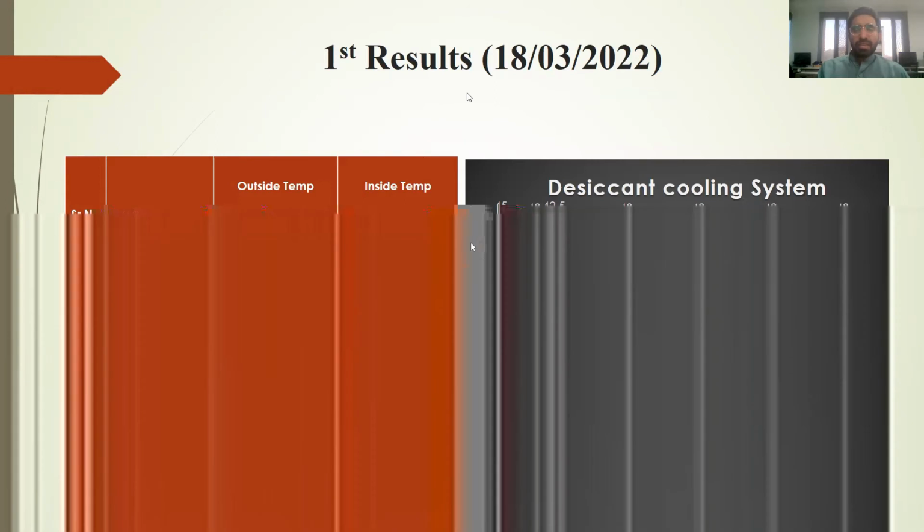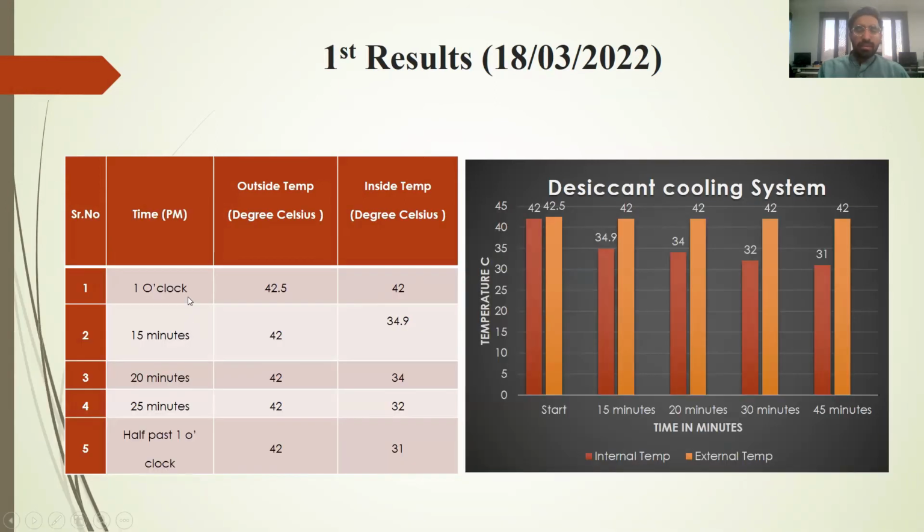The first day result is shown here. This table shows that we started the experiment at 1 o'clock, and at that time the outside temperature is 42.5 and the inside temperature is 42. After 15 minutes the outside temperature is 42 and inside is 34.9.